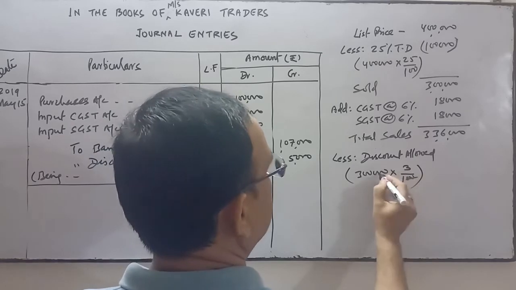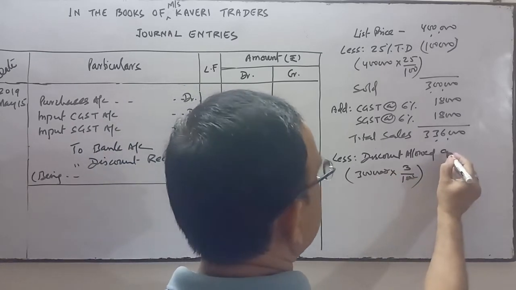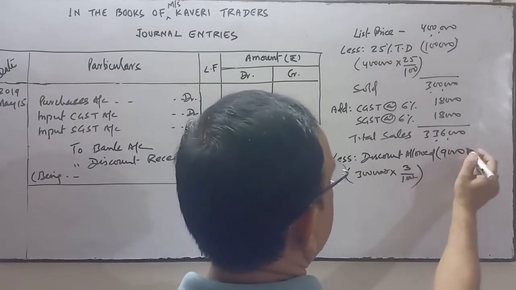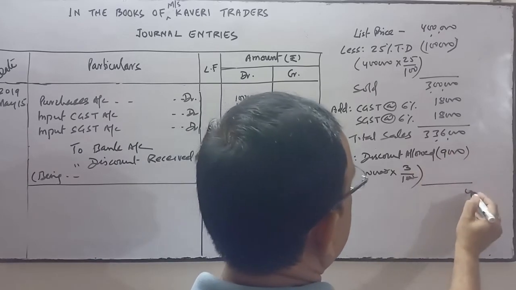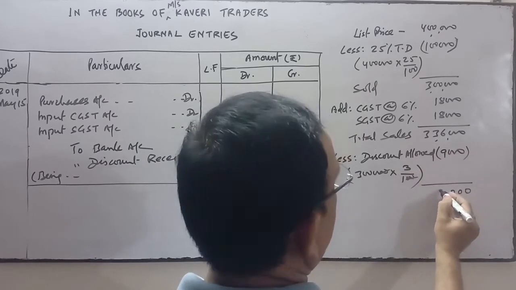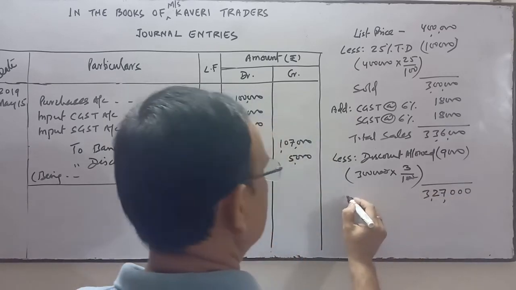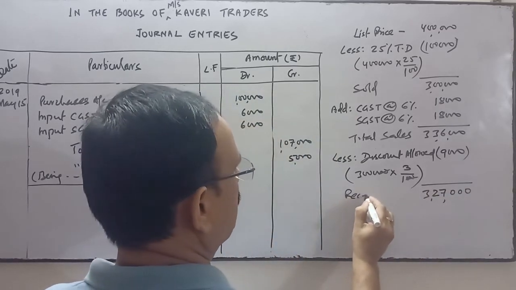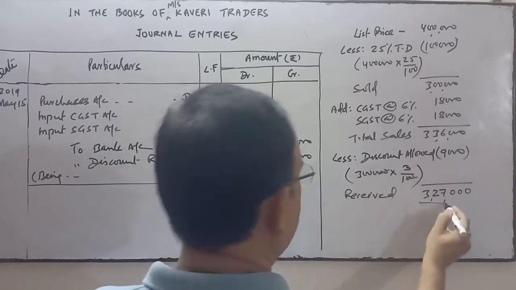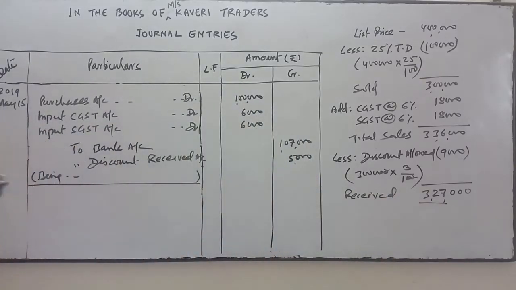So it is 9,000 discount. After deducting the discount, you will receive 3,27,000.